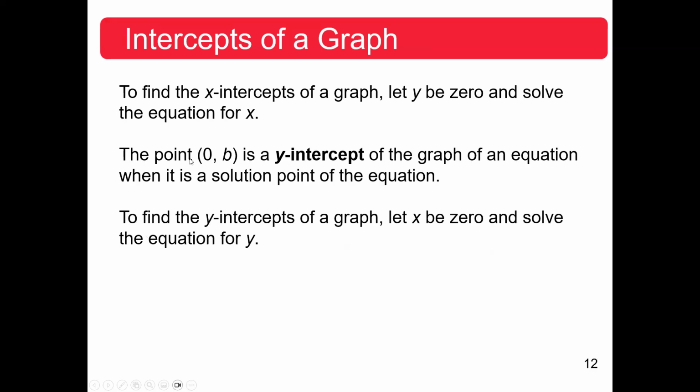And the same thing, point (0, b) is the y-intercept because x is 0, and b can be any value. So to find the y-intercept, all we need to do is substitute x with 0. To find the x-intercept, all we need to do is substitute the y value with 0.